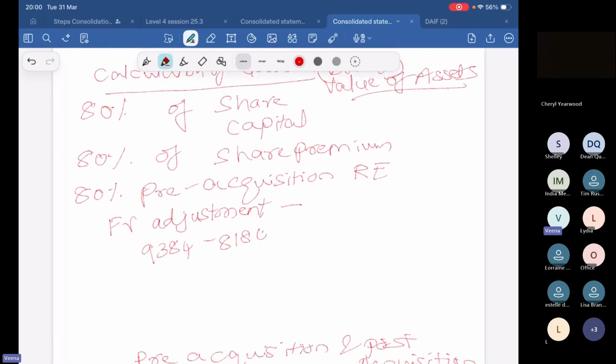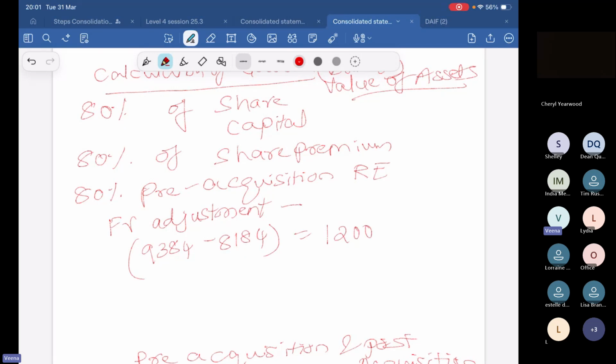So this is like a gain. Okay, which comes to, let us see what it comes to. So 9,384 minus 8,184 comes to 1,200. Right.